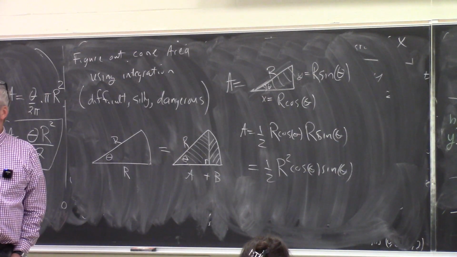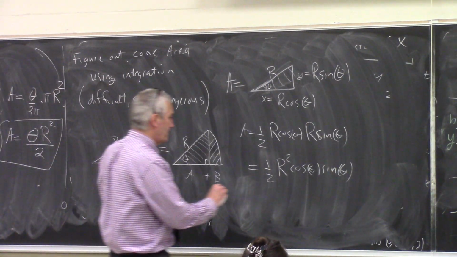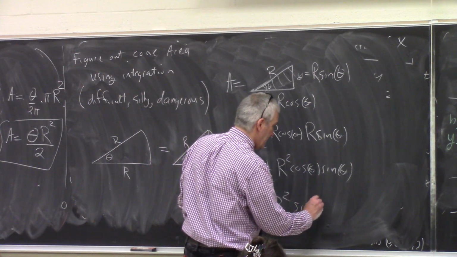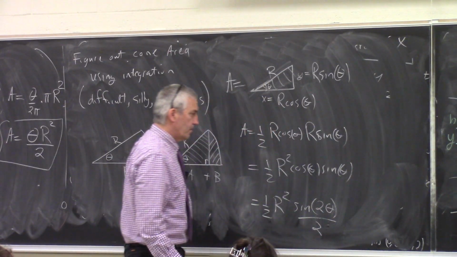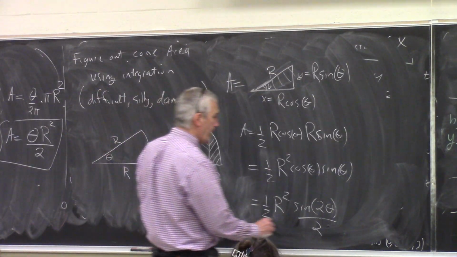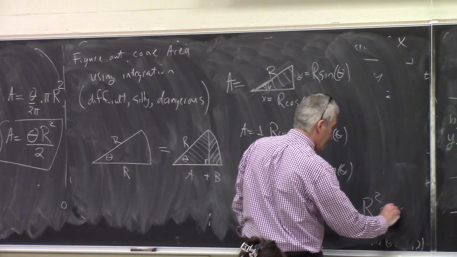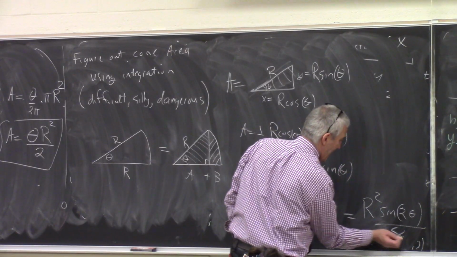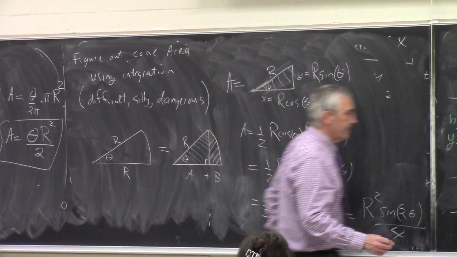Is it sine 2 theta over 2? Yeah. So this is 1/2 r squared sine of 2 theta all over 2. And so in other words, that area A is going to be r squared sine of 2 theta all over 4. I really hate the double angle things, though. I really like cos theta sine theta better.